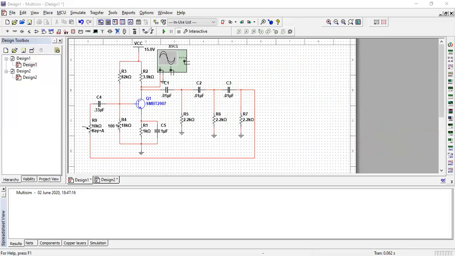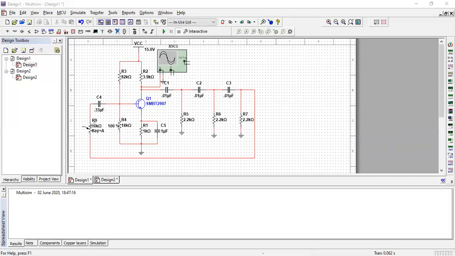If everything is properly connected, we can run the circuit and test it. Here a potentiometer is connected in the feedback path to the amplifier. We know there are two coupling capacitors, coupling capacitor C4 and another here, which block the DC signal and allow only the AC signal to the amplifier.